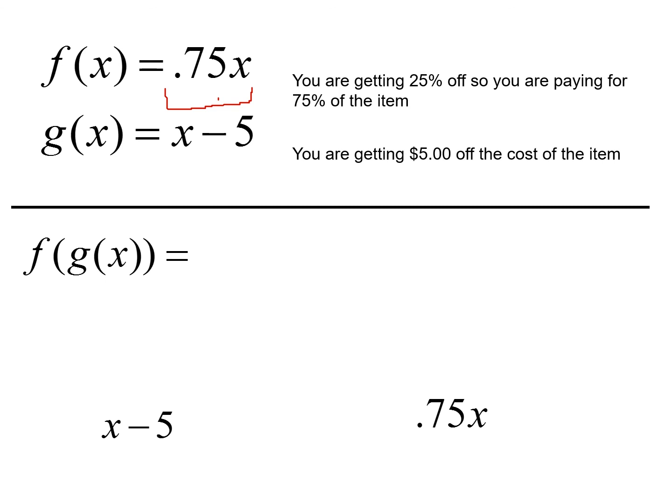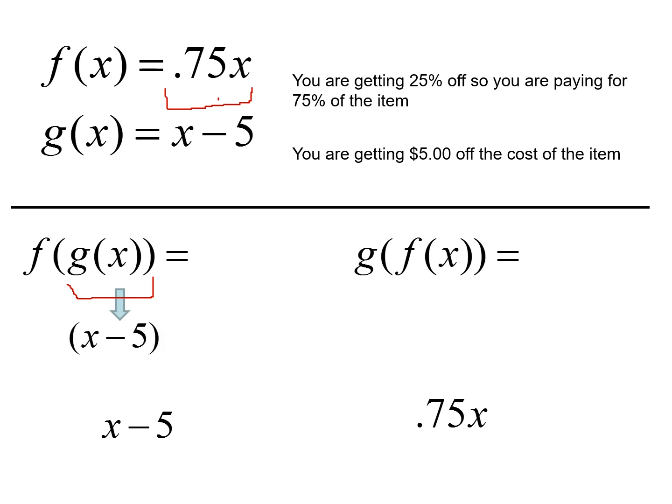We're going to see if we apply the coupon first, what do we get? So for the coupon first, g of x will go on the inside. Let's see what we get. We're going to take g of x, which is x minus 5, and drop it into our f function, which is 0.75.